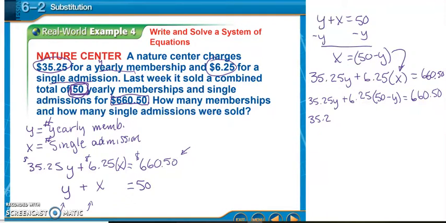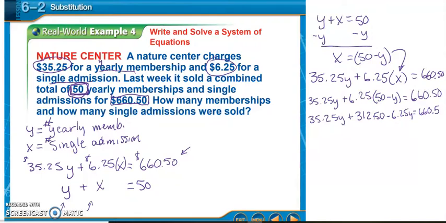35.25Y, then distribute. We end up with 312.50 minus 6.25Y equals 660.5.